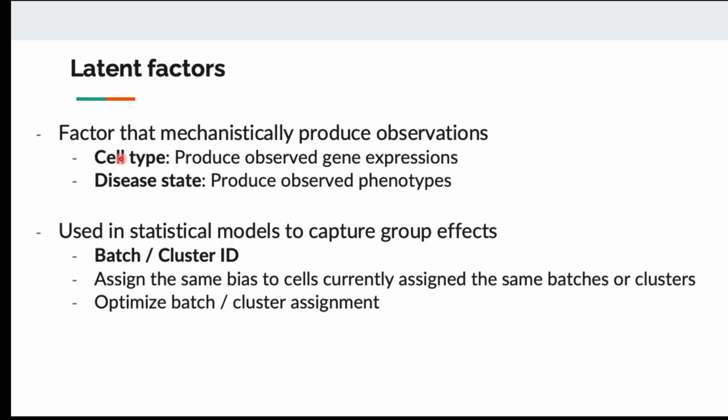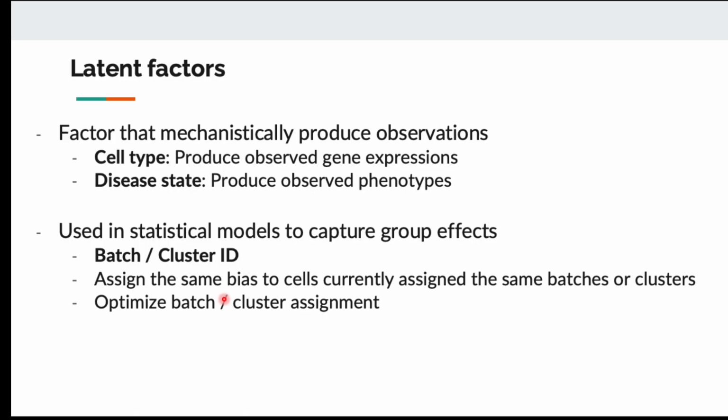And if you are allowed to change your guess, you can keep changing your B cell T cell assignment until your assignment perfectly fits the known markers for B cell and T cell. So in a sense, the latent variable can be used as a proxy to optimize the assignment of cells into cell type, patients into groups, for example.